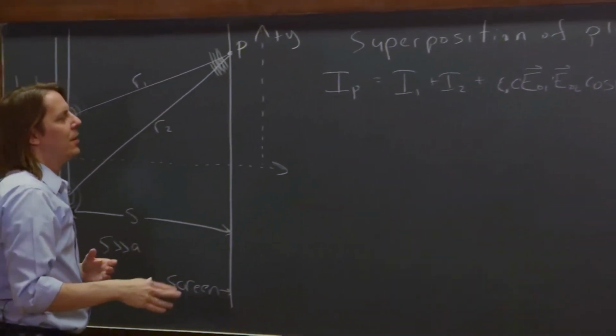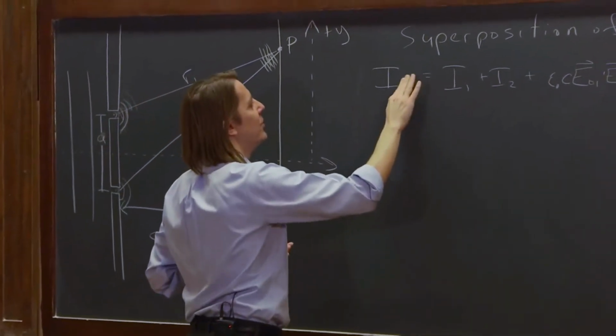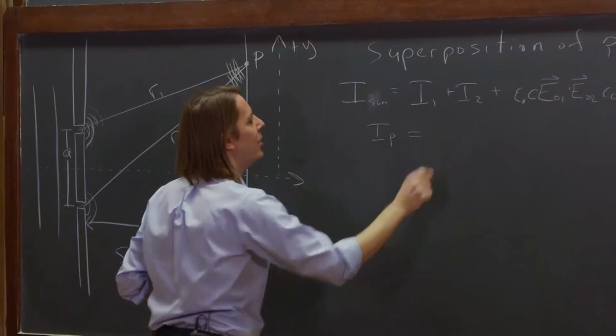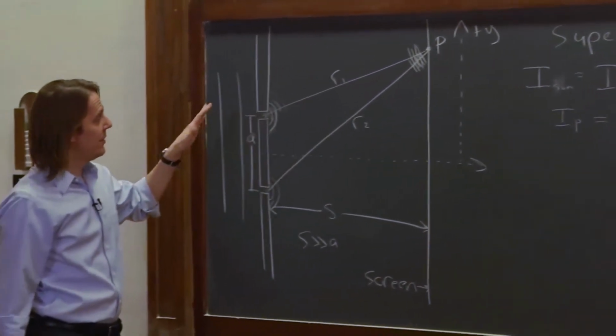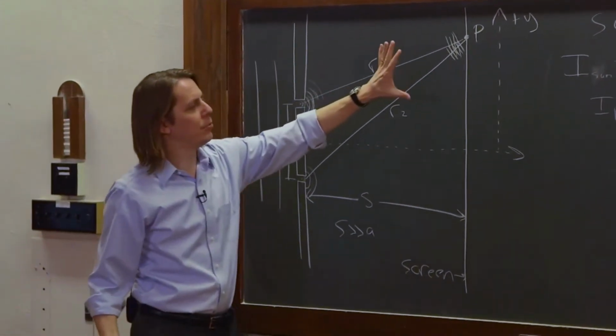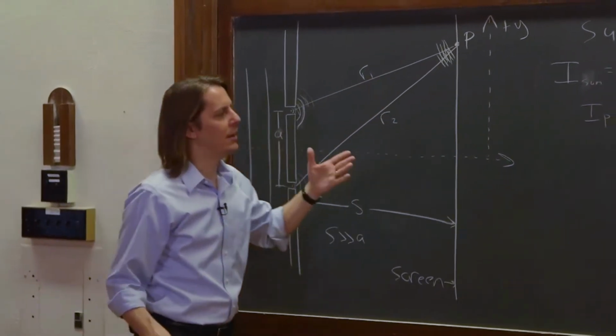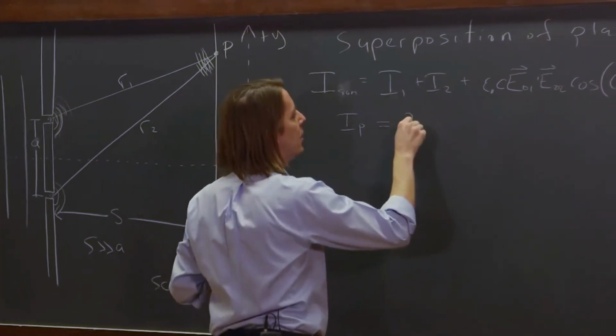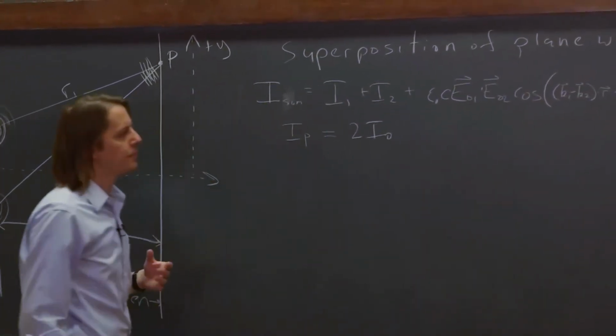Now let's write that more in our current case. Let's call the sum I_P. If we apply that to what we have here, we give them the same irradiance. They're both I naught, so I naught plus I naught is 2 I naught.